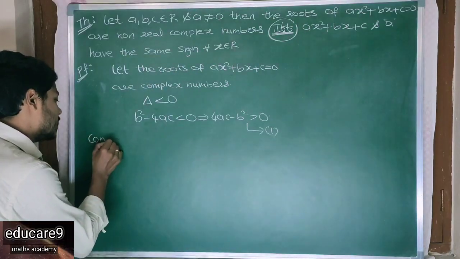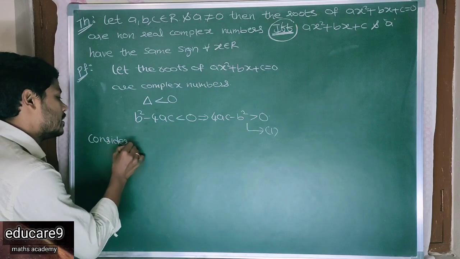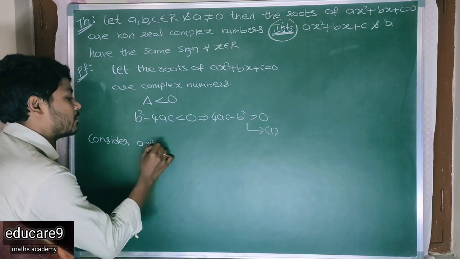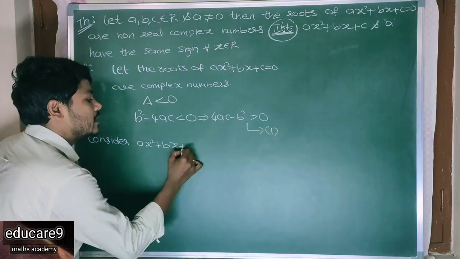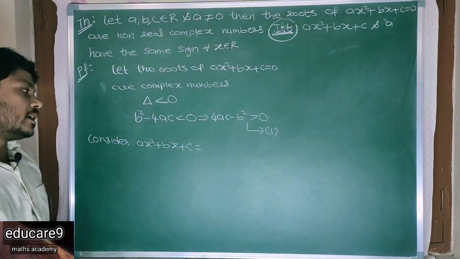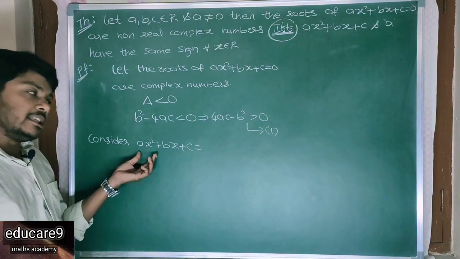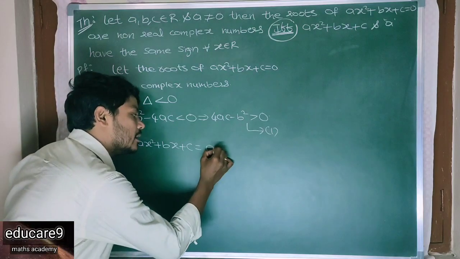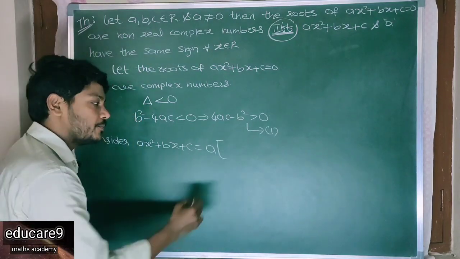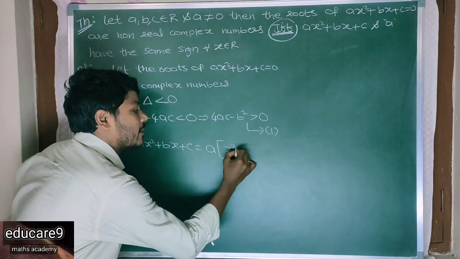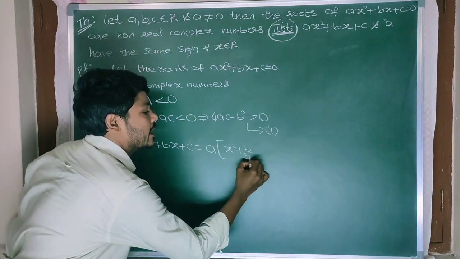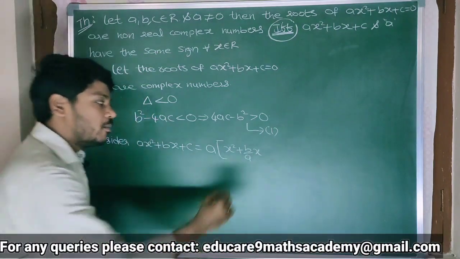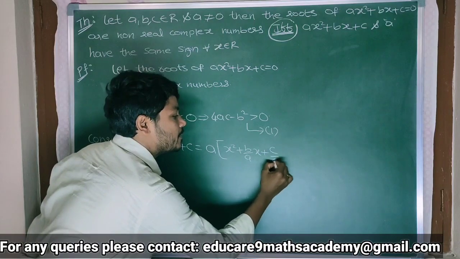So consider ax square plus bx plus c. In that take a common. What you get? x square plus b by a x plus c by a.